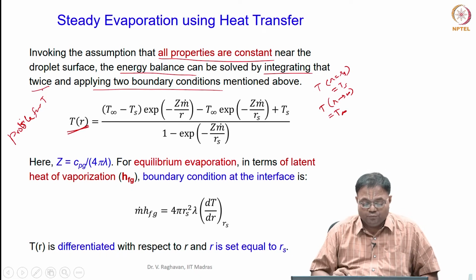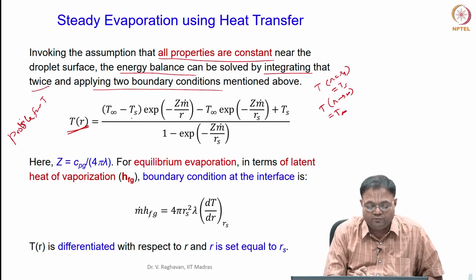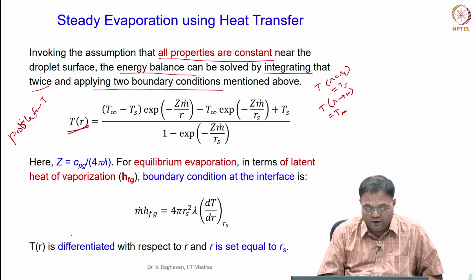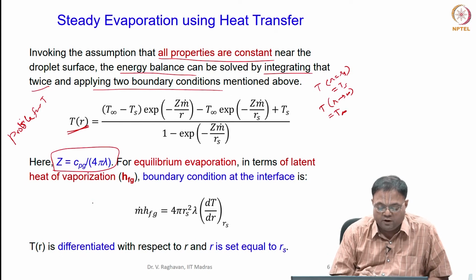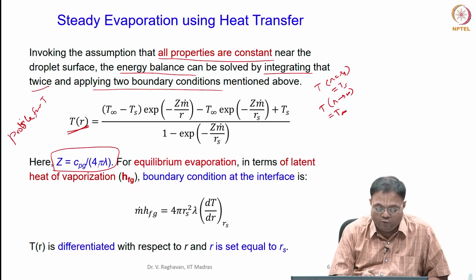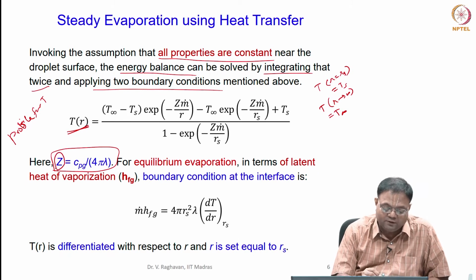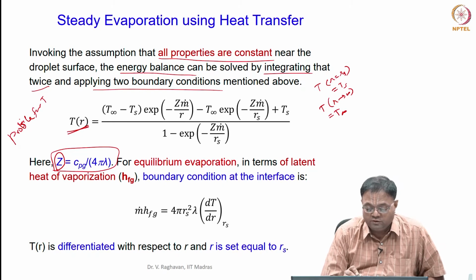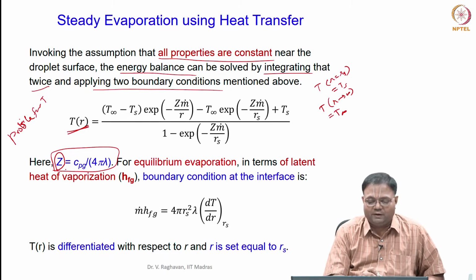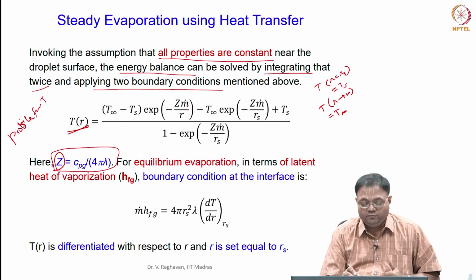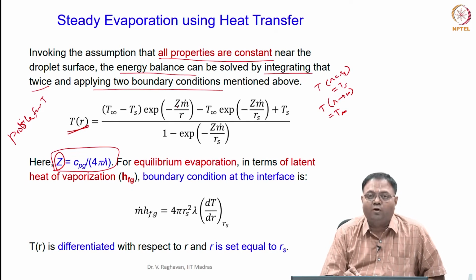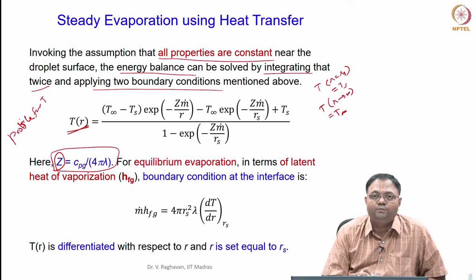Okay, a radial profile, and you can see that T infinity minus Ts, which is the driving force for us, into exponent of Z m dot by R. Now, please understand that this is a constant: we are defining a constant like Cpg by 4 pi lambda, which is a constant, now designated as Z. So Z m dot also if you want you can include here, but m dot I have kept separately because we have to find the mass flow rate of the vapors later. So Z m dot by R, Z is a constant which combines the properties Cp and lambda.